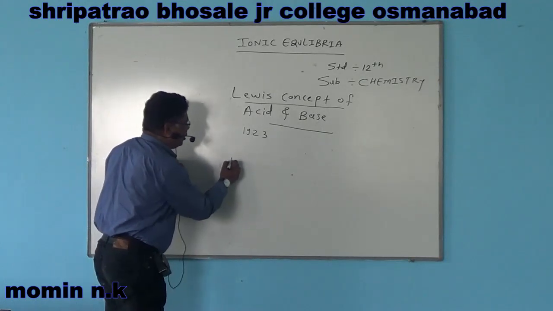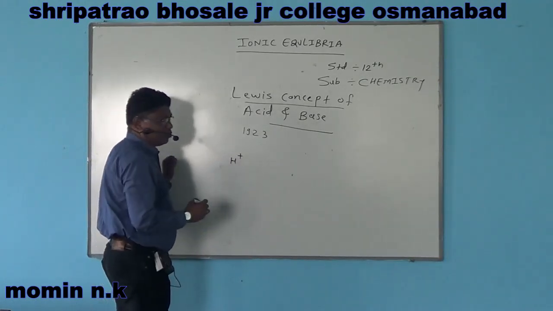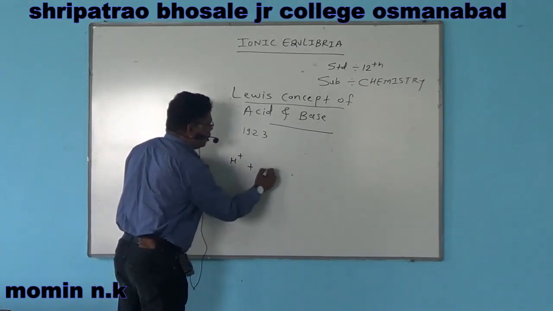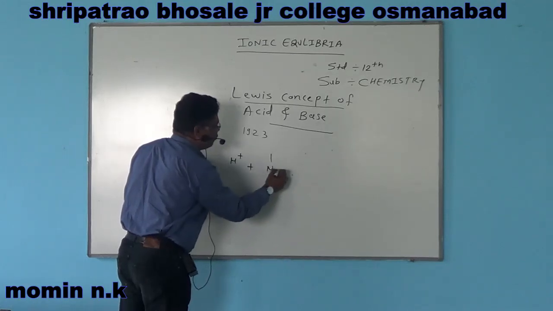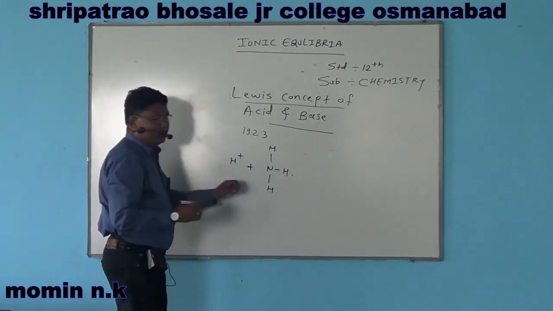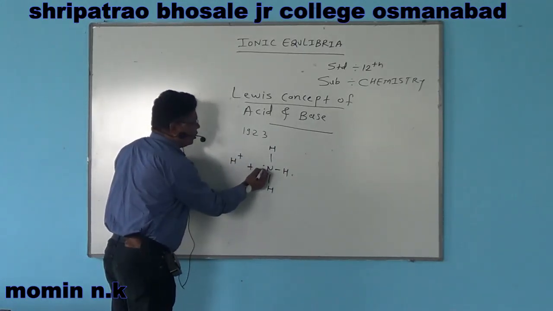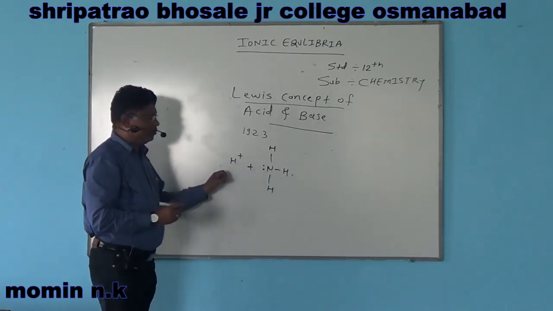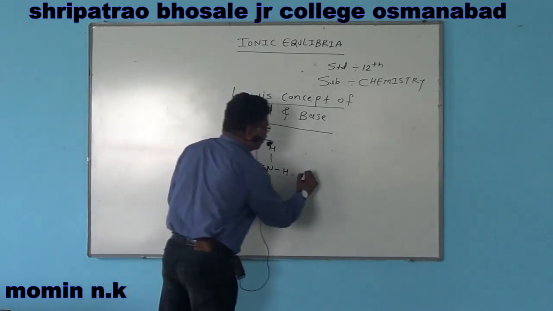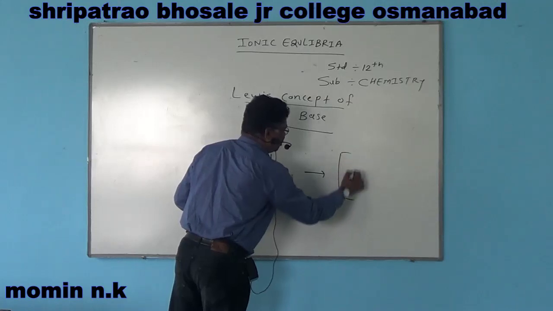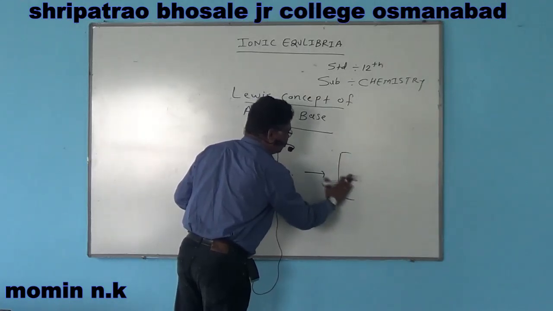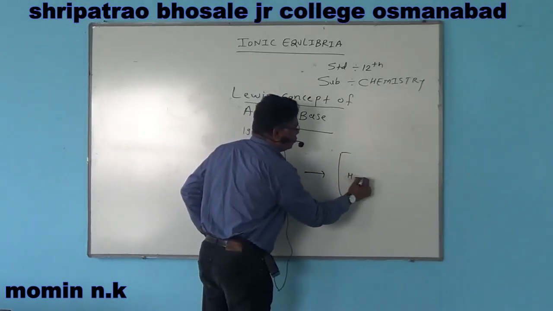Here you know that H plus is called a proton, plus ammonia, molecular formula NH3, and you know that in ammonia on that nitrogen there is a pair of electrons. So here it gives formation of NH4 positive.